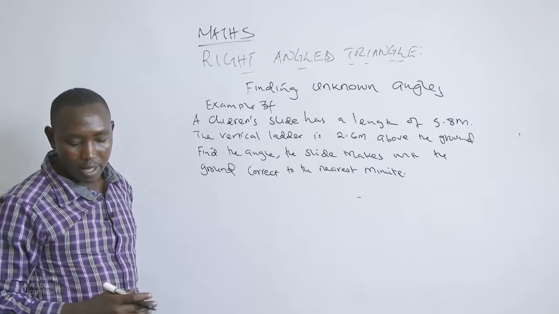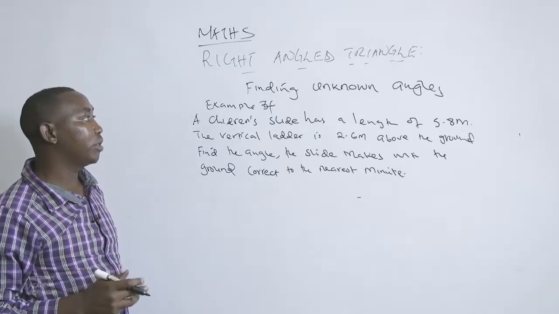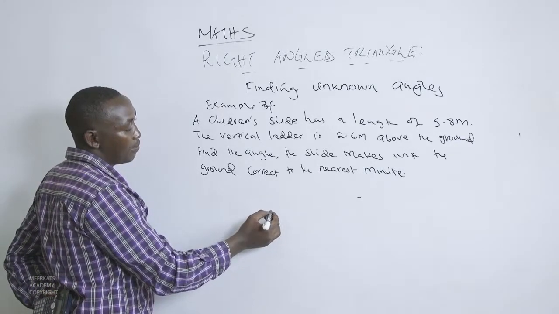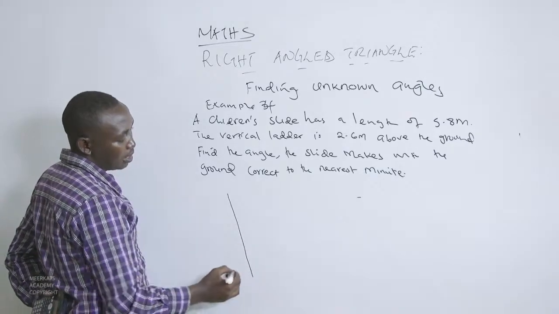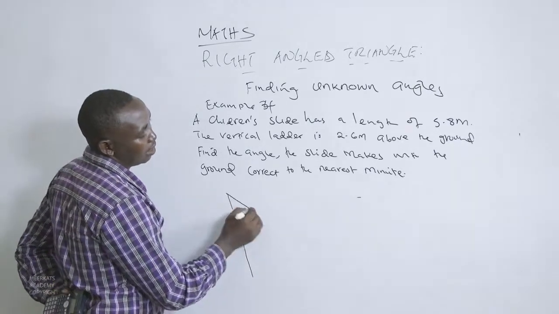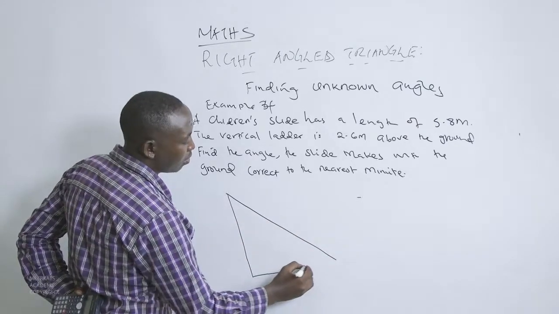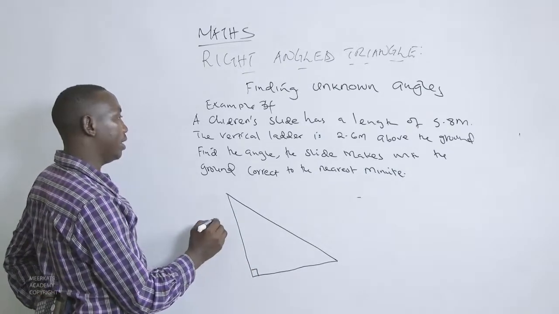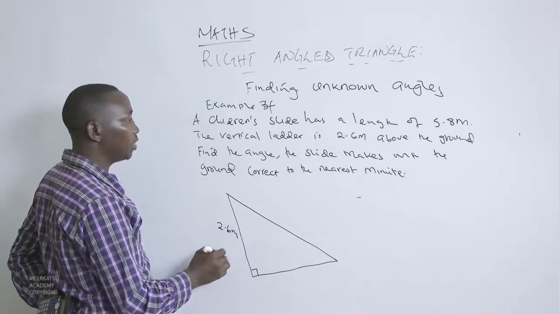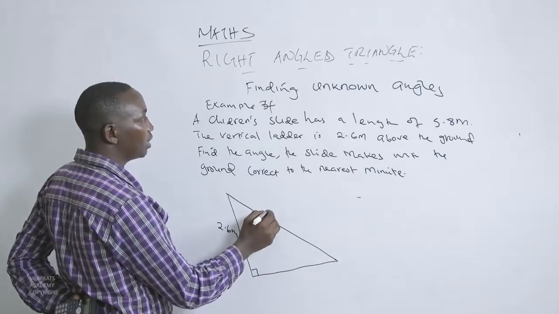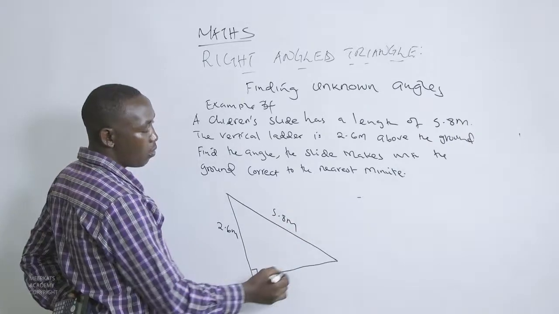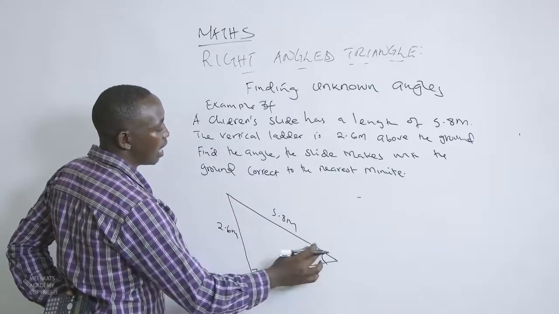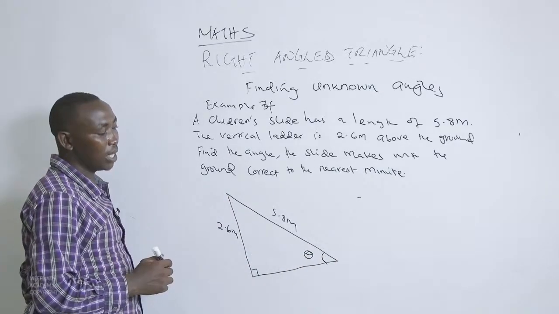Now this is another application area on how we can use the trigonometric ratio to find that particular unknown angle. We have been told that there's a climbing stand, then the slide. This climbing ladder, which is normally vertical, is 2.6 meters, and then the slide itself is 5.8 meters. We are supposed to calculate the angle that the slide makes with the ground.